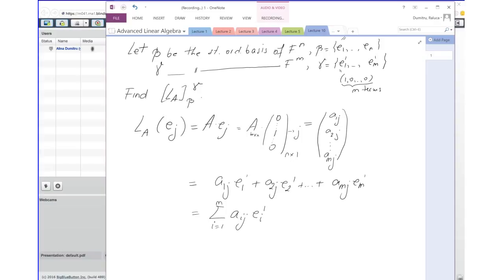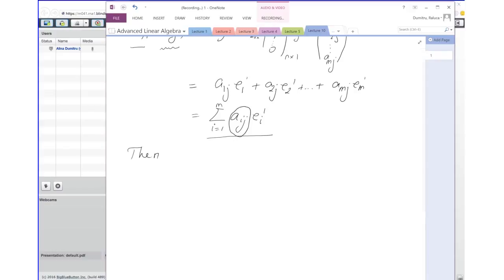Now if we remember how we defined the matrix of a linear transformation, we defined it exactly like this. We took the transformation, applied it to the jth element of the basis, and we needed this kind of sum, with this being the ij entry of the matrix that we're looking for. So the ij entry of L sub A, from beta to gamma, is Aij.